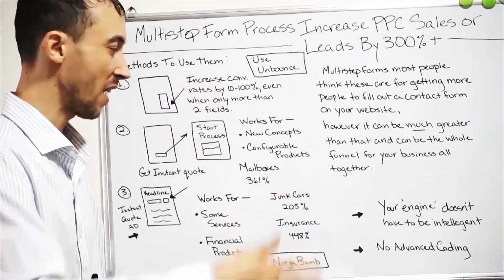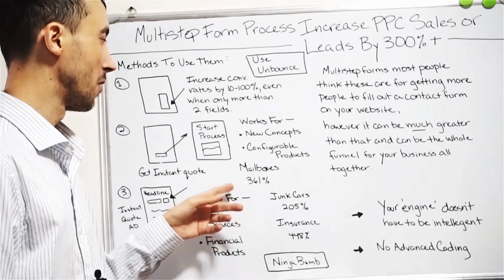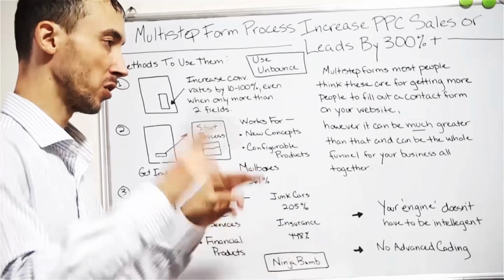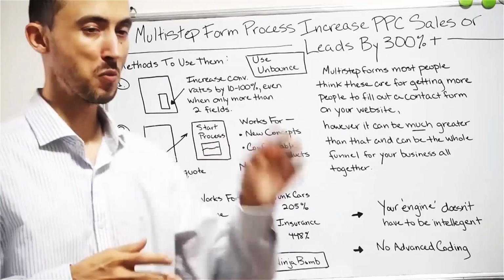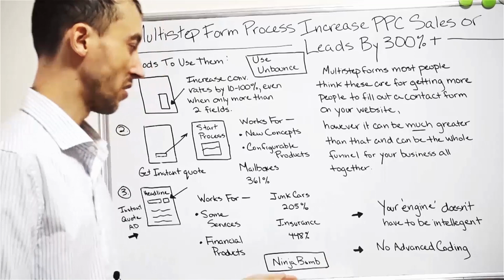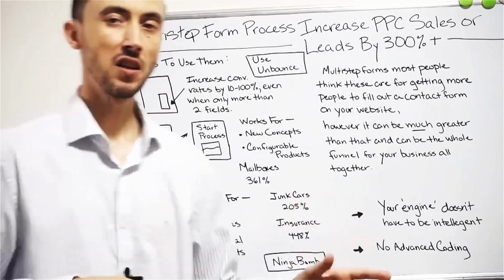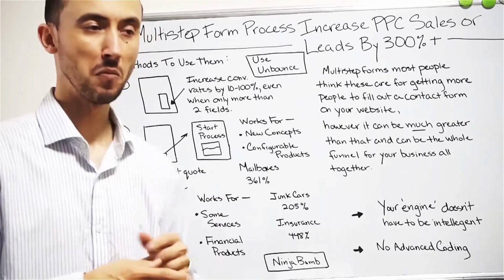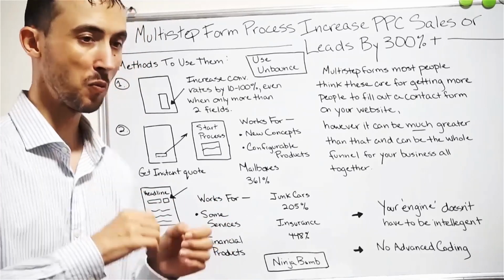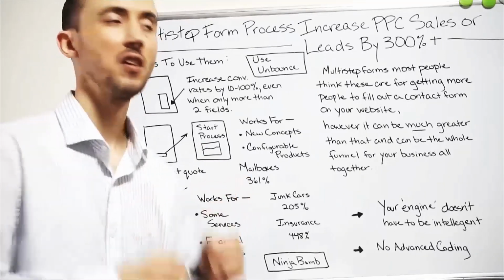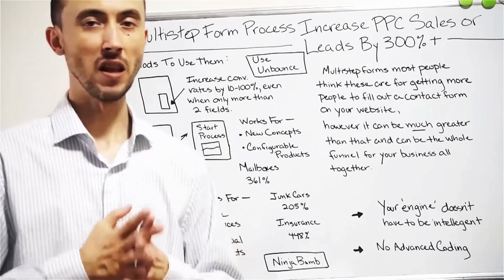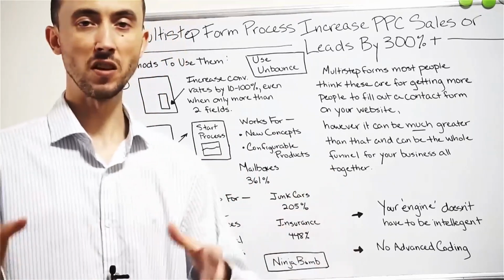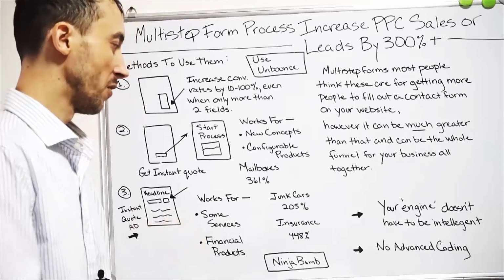And then you can also get a boost by using a multi-step form to give the person a so-called instant quote, which is powered by a back-end phone system hooked up to a service like Ninja Bomb that will automatically call the user, and a service like MailChimp that can send what seems like a personalized email out to the user 15 or so minutes after they fill it out, and get people buying from you and engaging that way as well.